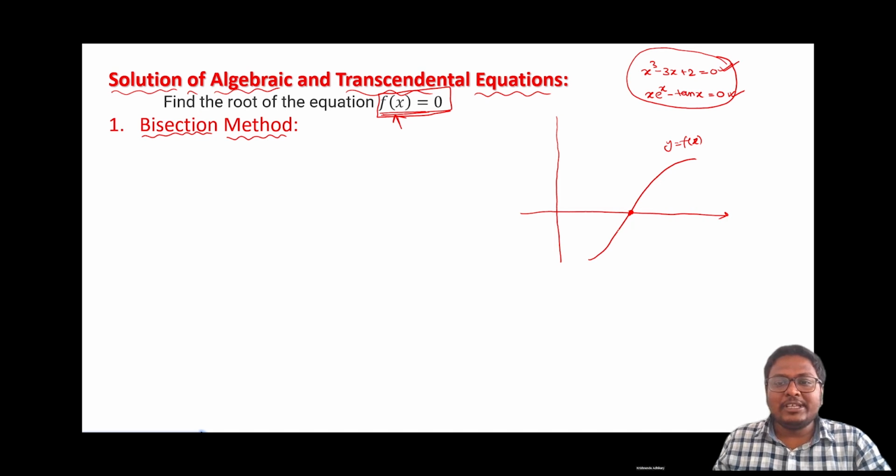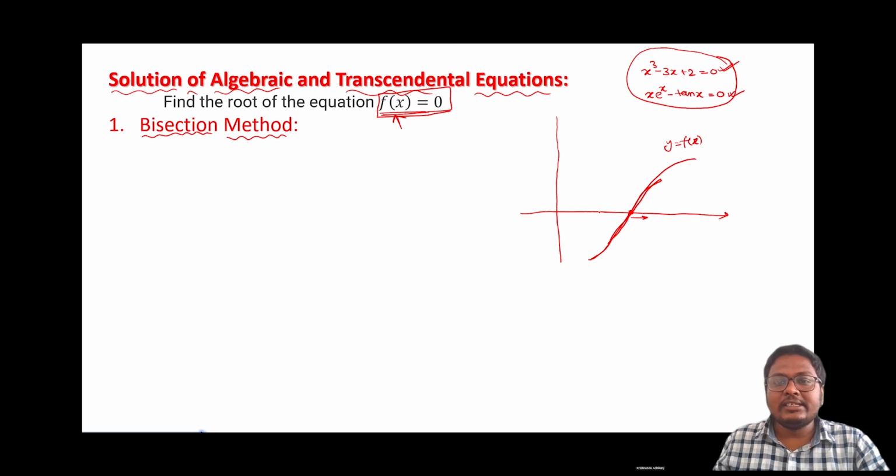In this picture you can see that whenever a graph intersects the x-axis, it may go from the downside to the upside, or maybe from the upside to the downside. Let us assume this is my graph.